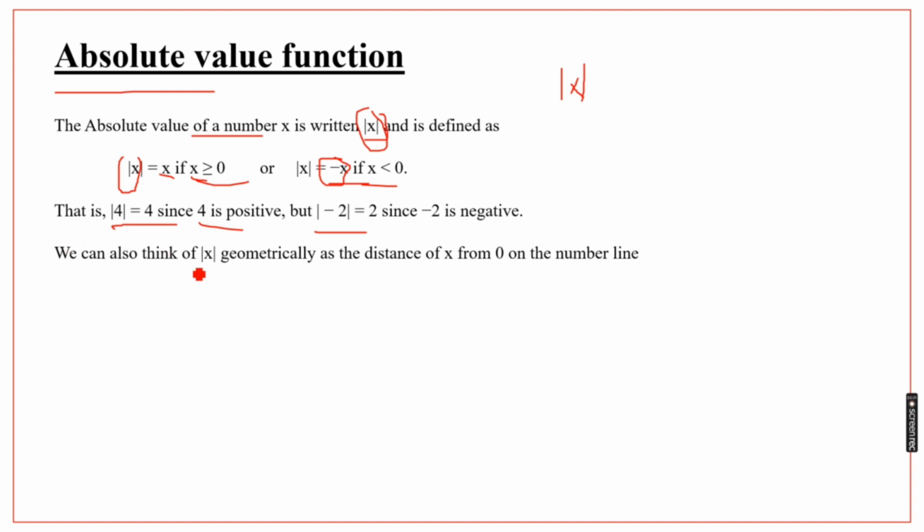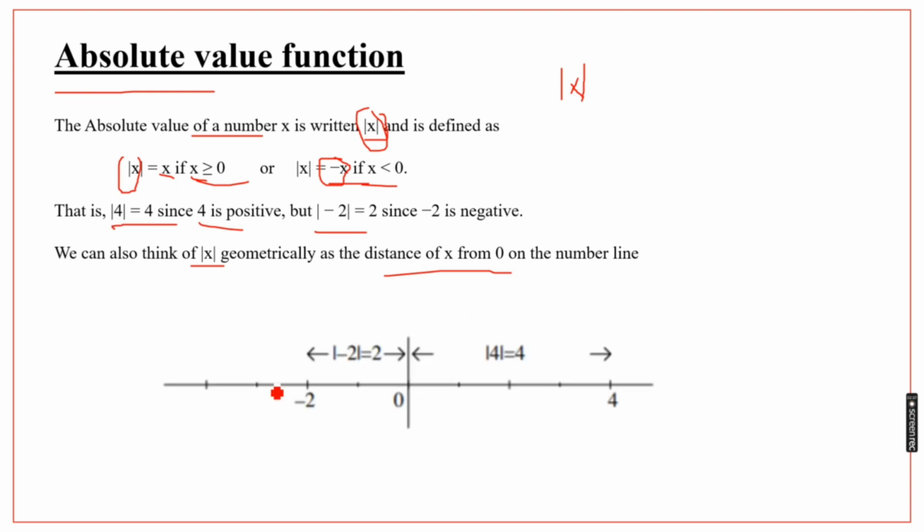We can also think of the absolute value of x geometrically as the distance of x from 0 on the number line. Let us look. From here to here is 2, so there is no difference in the distance. We only tell about the movement, how much we move from 0 to negative 2 or from negative 2 to 0.